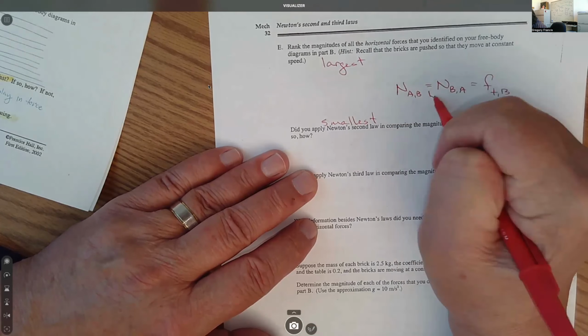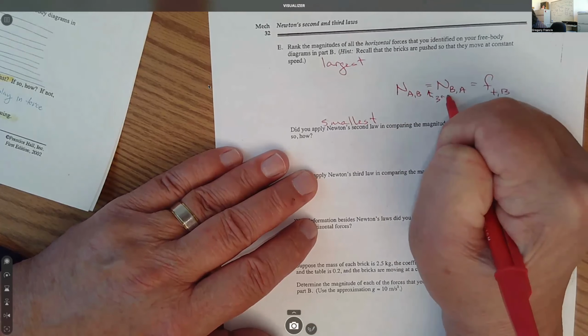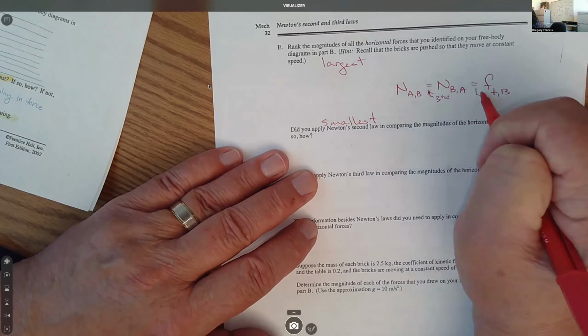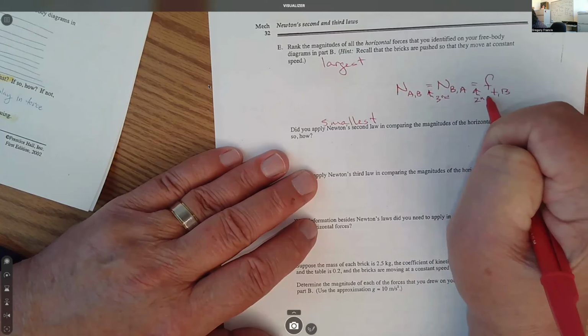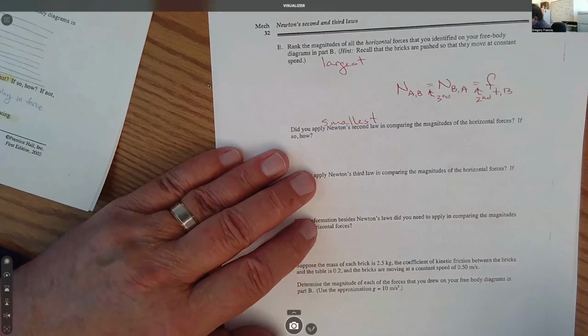So this is by the third law, and this is by the second law with zero acceleration.